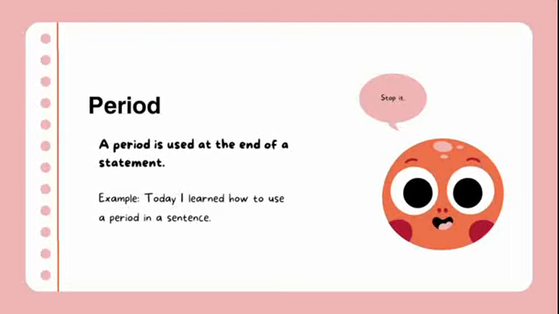You can see at the end here that there's a punctuation. That dot there is what we call a period in English. Very simple. So whenever you have ended your declarative statement, ensure that you end it with a period.